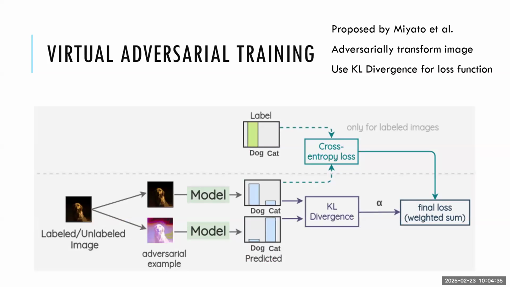And then we have a little bit different approach from Miyato. This one is called virtual adversarial training. Virtual adversarial training basically gets its inspiration from GAN, the generative adversarial network.